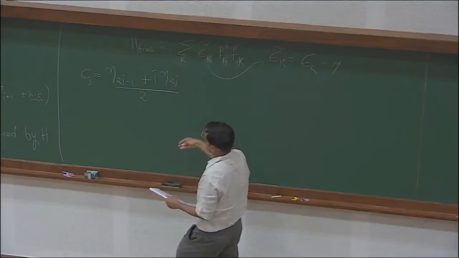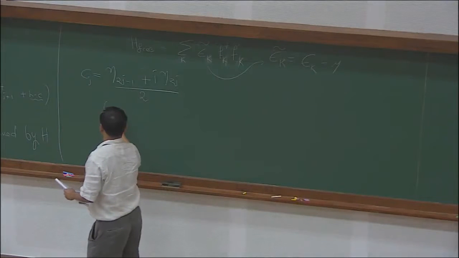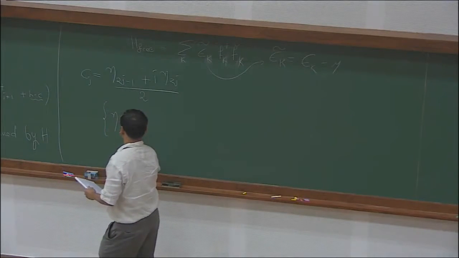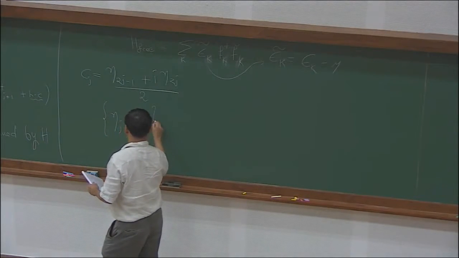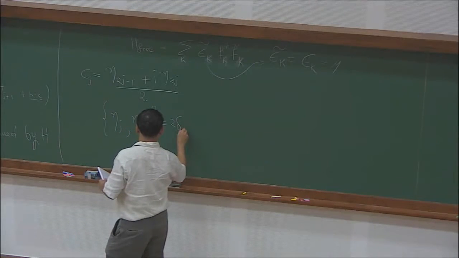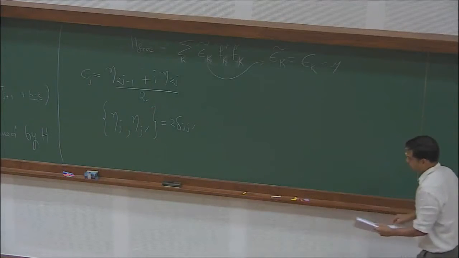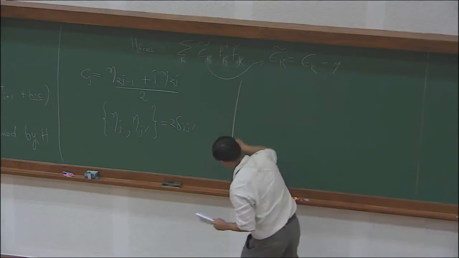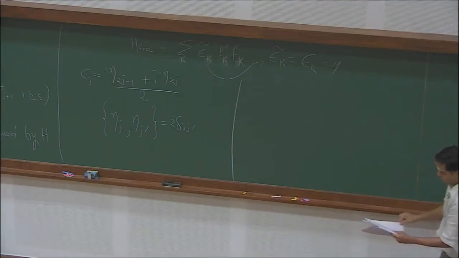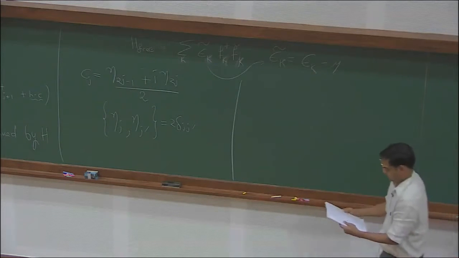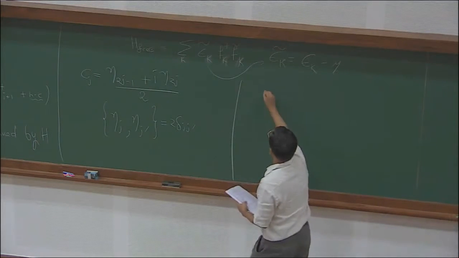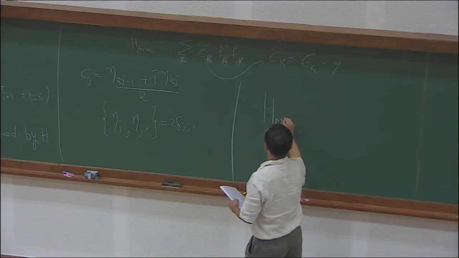And remember that etas have Majorana anti-commutators. That means they square to 1 and anti-commute with each other. Okay? And having done this, I got it to look like this. Majorana.